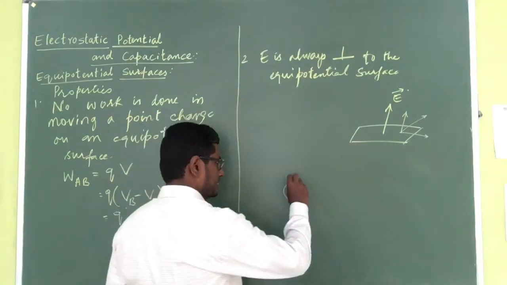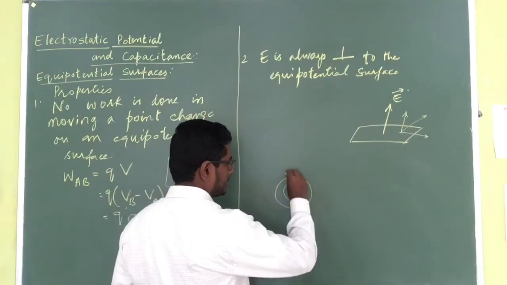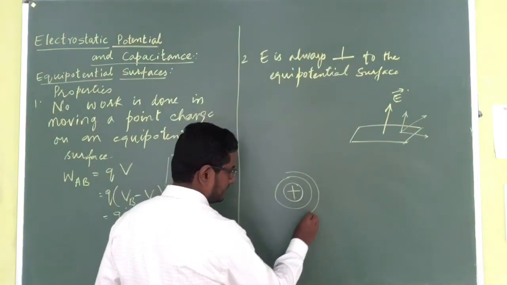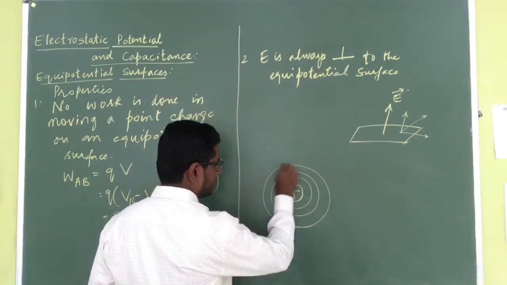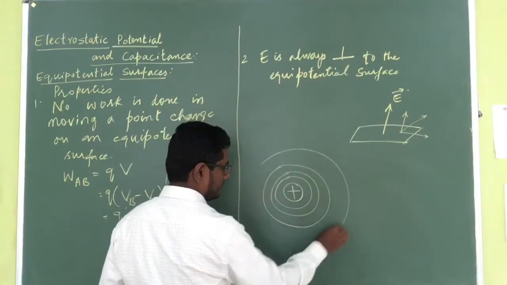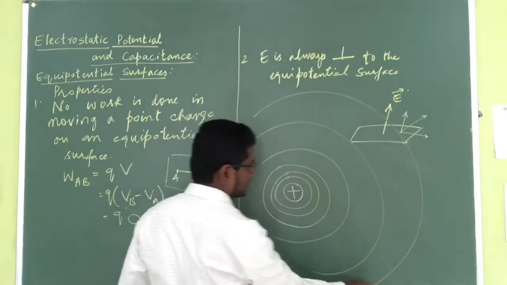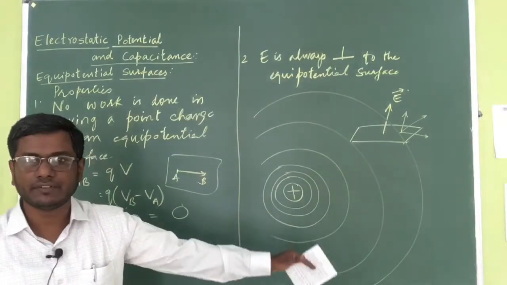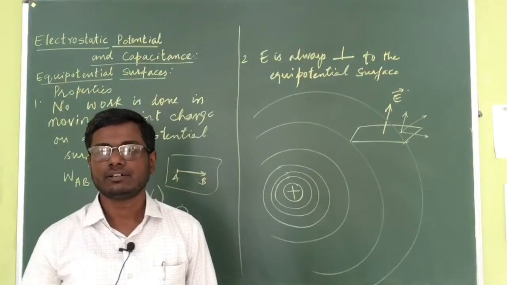If I am near this charge where the field is strong, then this will be my first equipotential surface, this can be my second equipotential surface, then third, fourth, fifth, sixth. So as I go away, the equipotential surfaces go further apart.